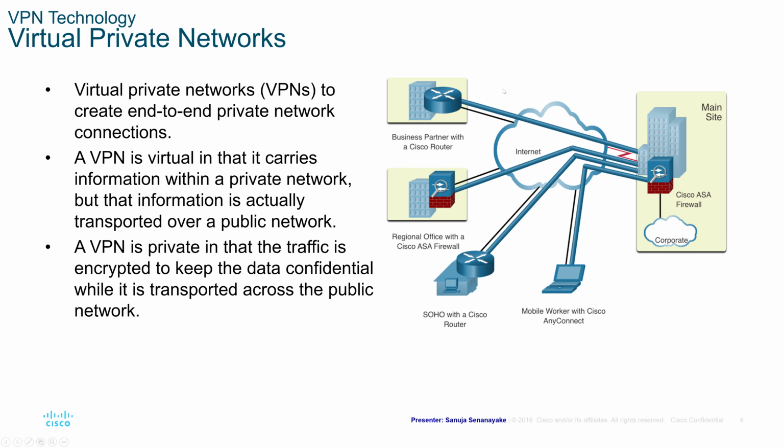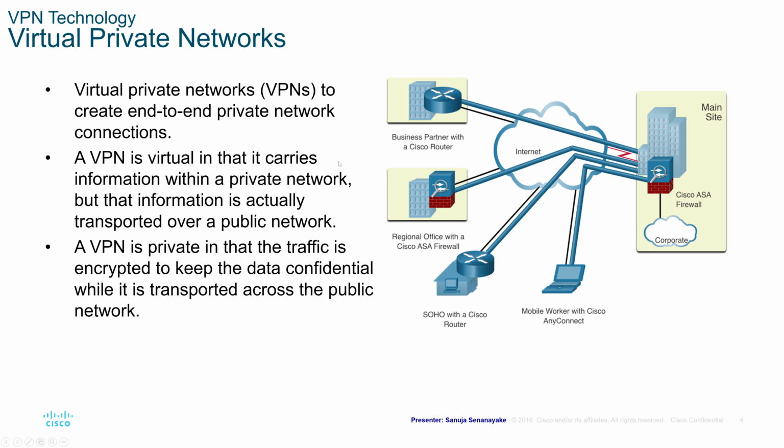So it is still using the public infrastructure, but it is creating those private tunnels to communicate confidential data between the end user and another end user or a site. It is virtual because it carries information within a private network, but it is still using the public network to do it.